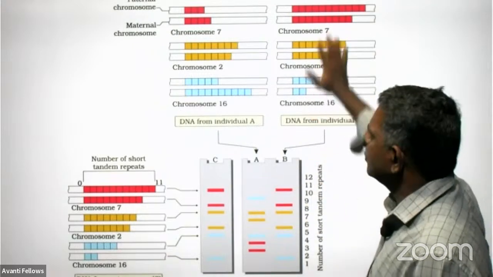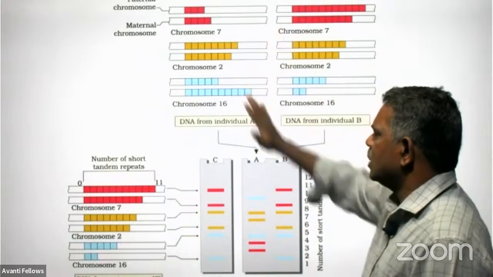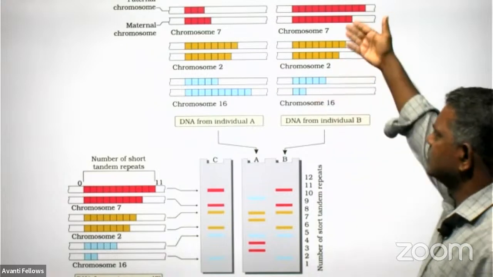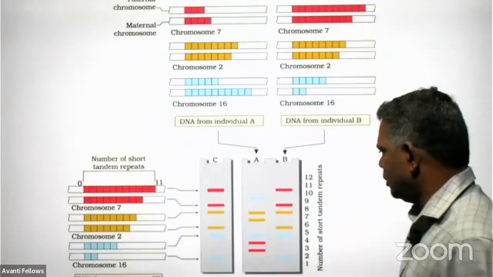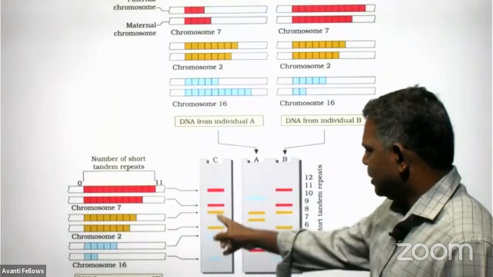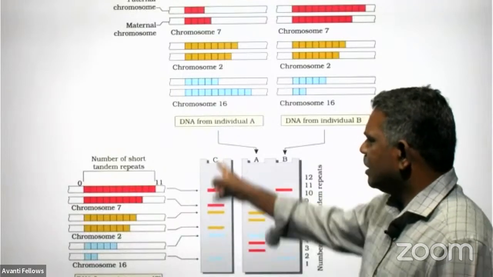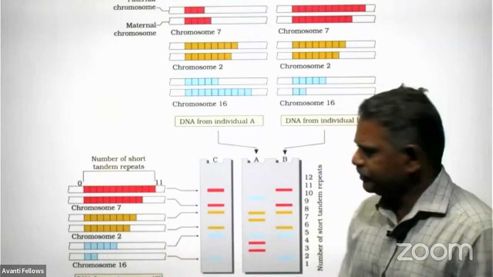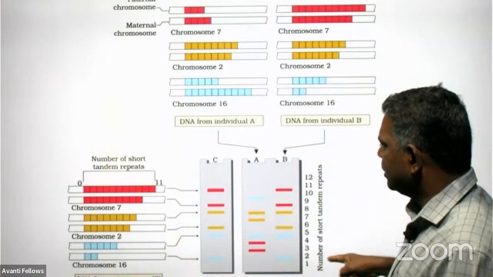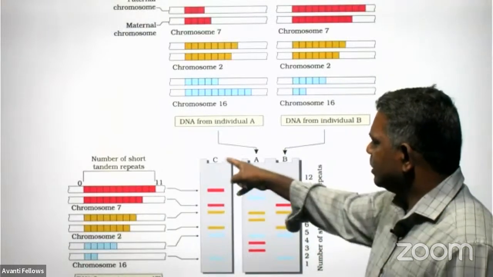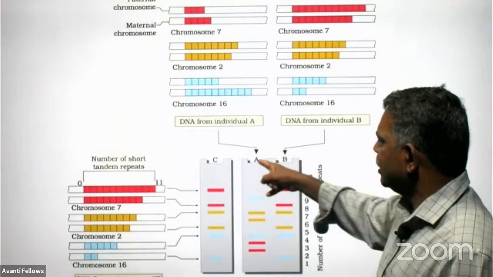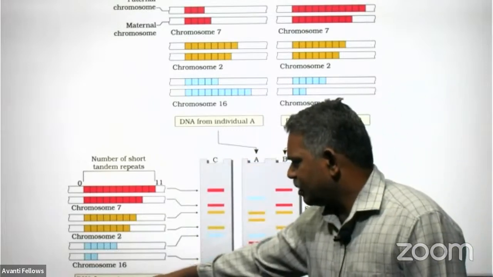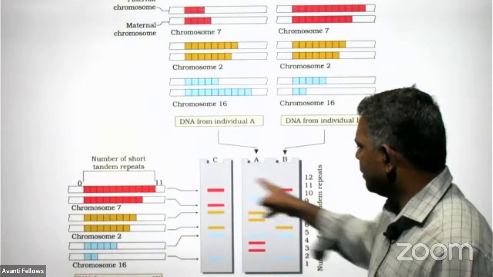From 3 chromosomes, chromosome 7, chromosome 2, and chromosome 16, it is given in 3 different colors, red, yellow, and blue. Compare it with the fingerprint of the cells collected from the scene of crime. You just compare it with these 2 suspected individuals A and B, and this C is the DNA taken from the scene of crime.